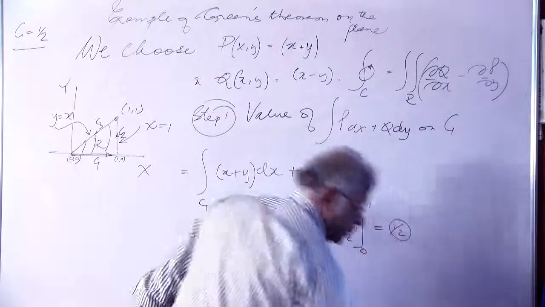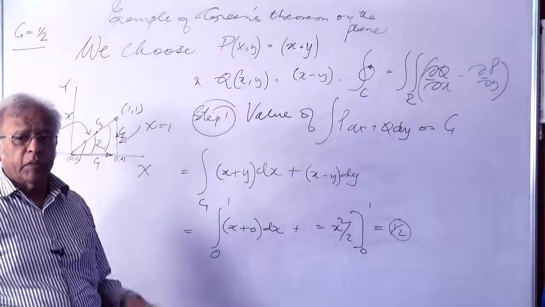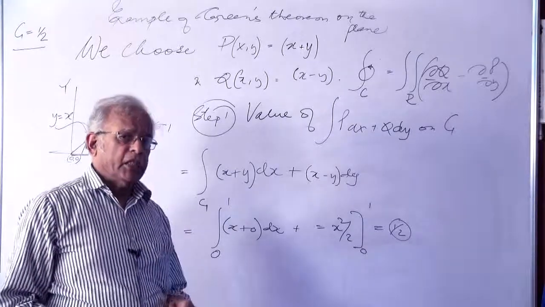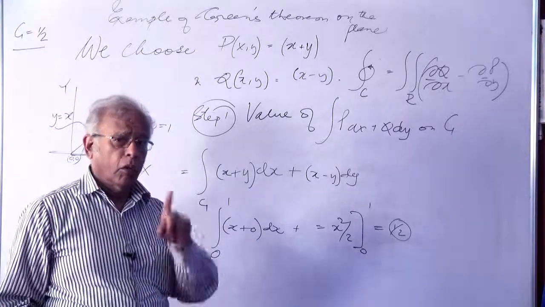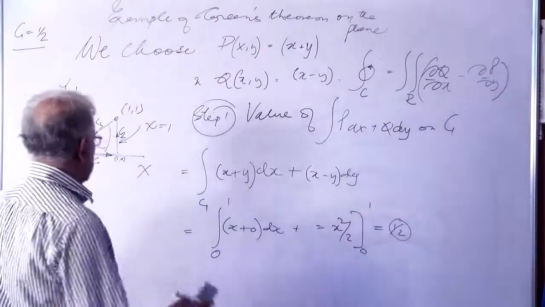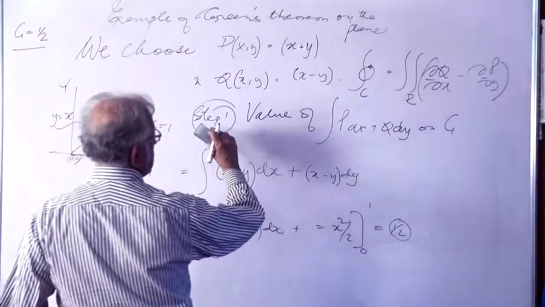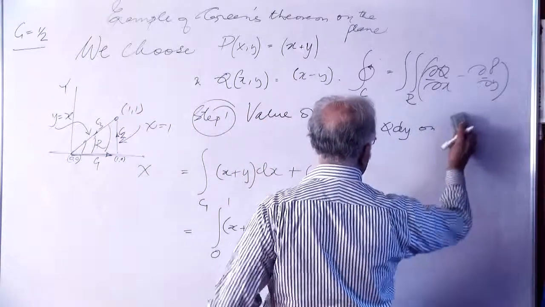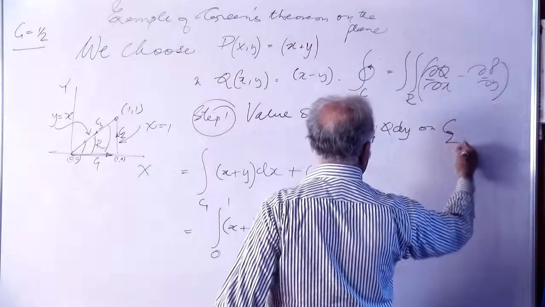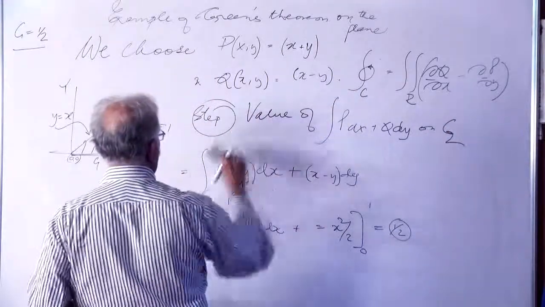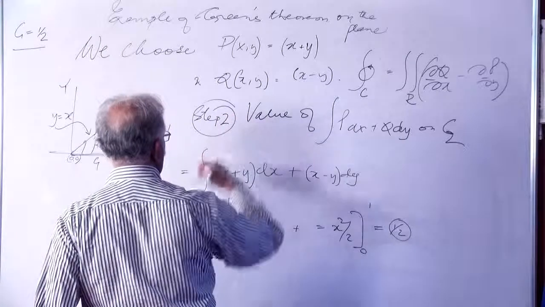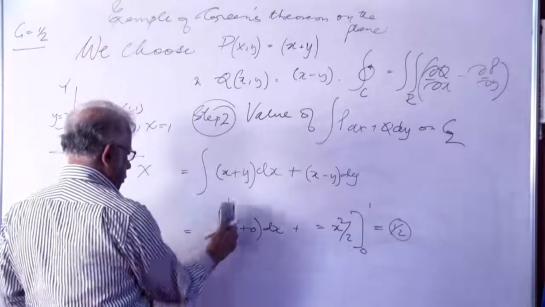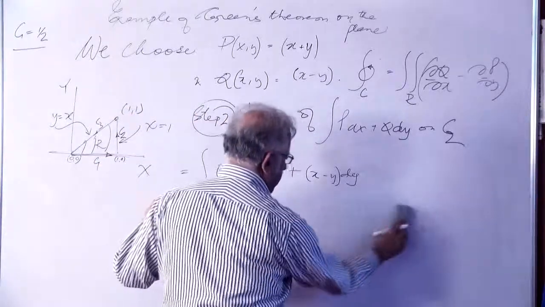Similarly, let's go to the integration of P dx plus Q dy over C2, that is the vertical line that rises from the point 1, 0 and goes up to 1, 1. So we will do the value of P dx plus Q dy on C2, and this becomes now step 2. Again, we'll change this to C2, rub this part out because this will certainly change.